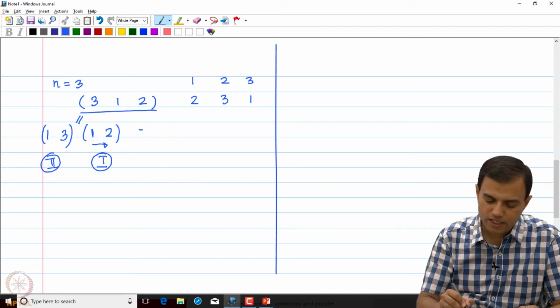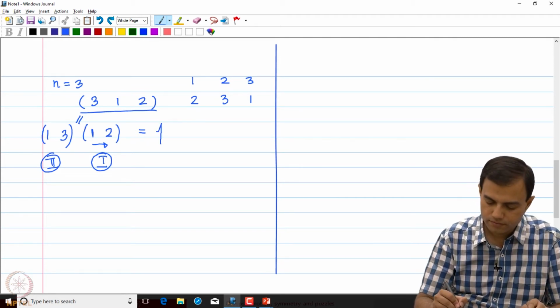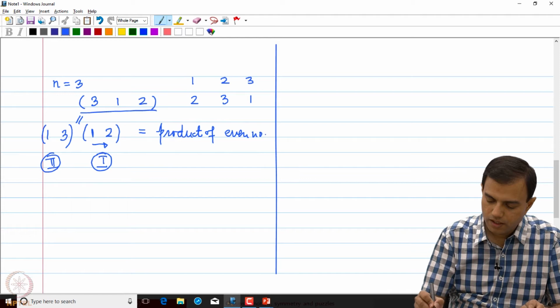How many transpositions are there? 2. So this is a product of an even number of transpositions.